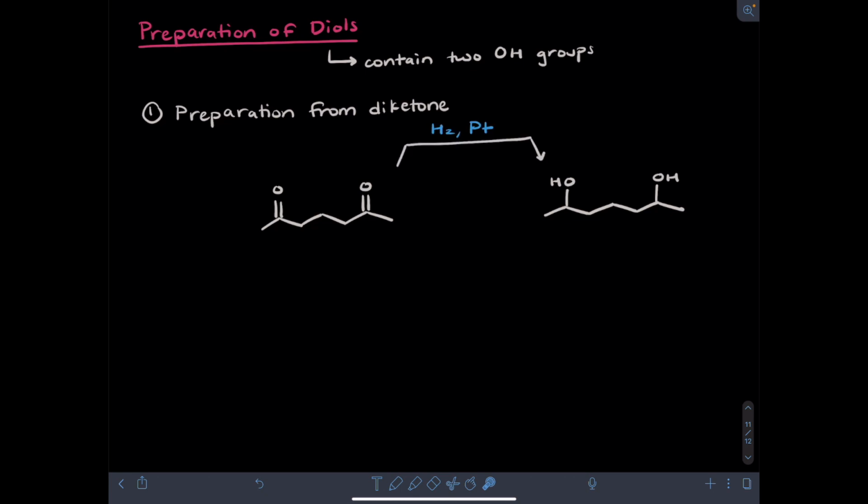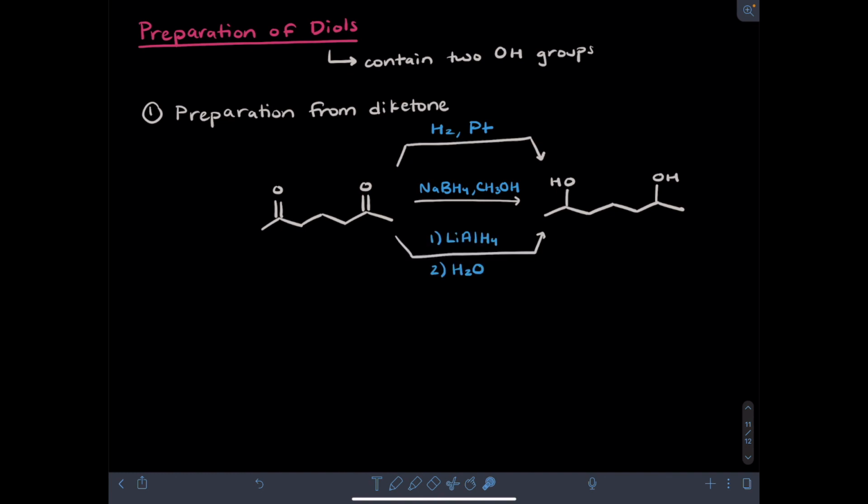One method that we saw for converting a ketone into an alcohol is to treat it with hydrogen and a platinum catalyst. Another method is you could use sodium borohydride and methanol, and that would react with each of the carbon-oxygen double bonds to convert each of those into an alcohol functional group.